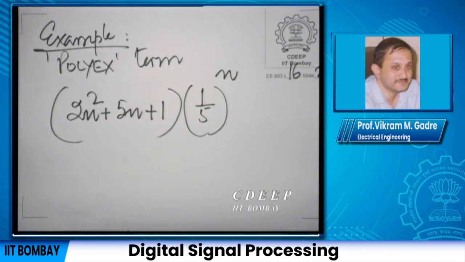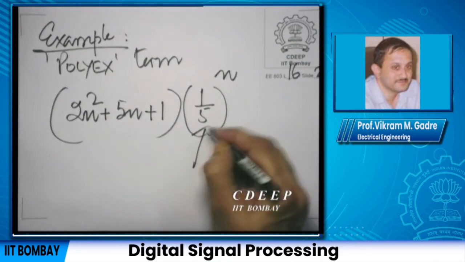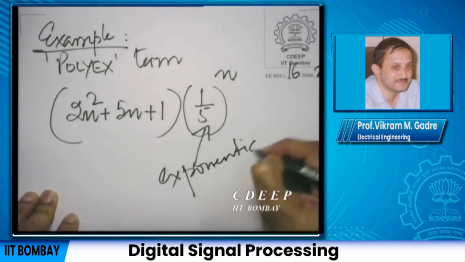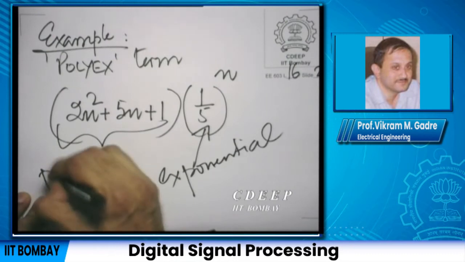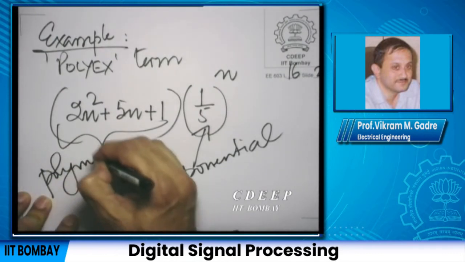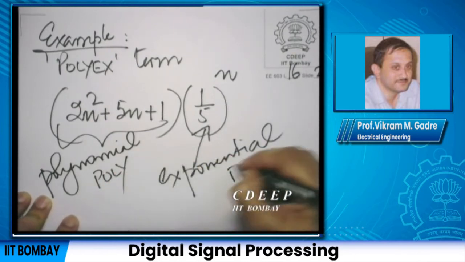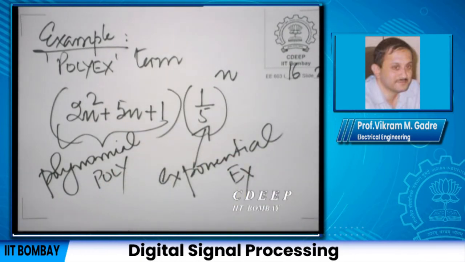This is the poly x term. This is the exponential part of the term, and this is the polynomial. Polynomial in the natural domain variable. So, poly comes from here and x comes from here. A polynomial in the natural variable multiplied by an exponential is a poly x term.